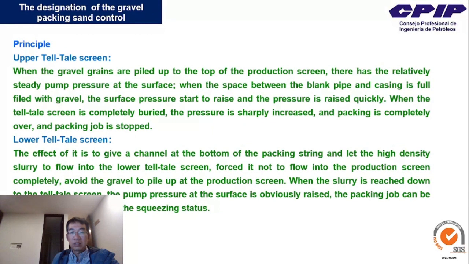This avoids the gravel piling up at the production screen. When the slurry reaches down to the telltale screen, the pump pressure at the surface is obviously raised. The packing job can be turned into the next step, the screening status.